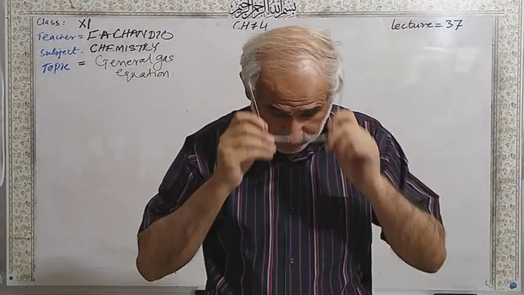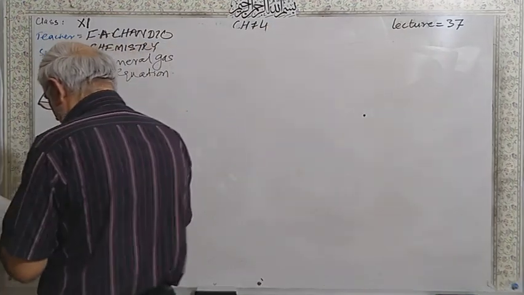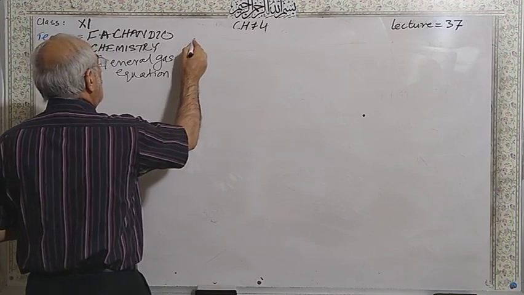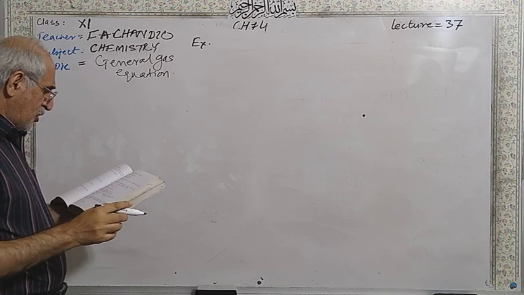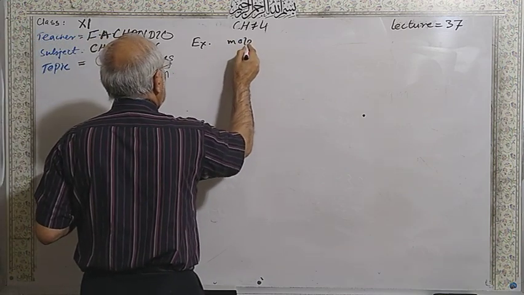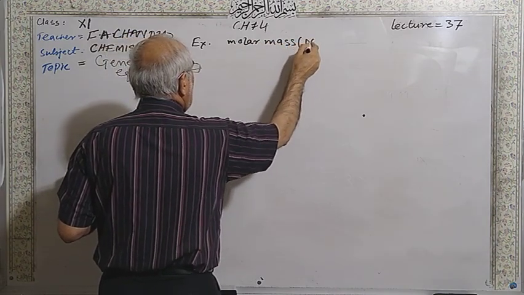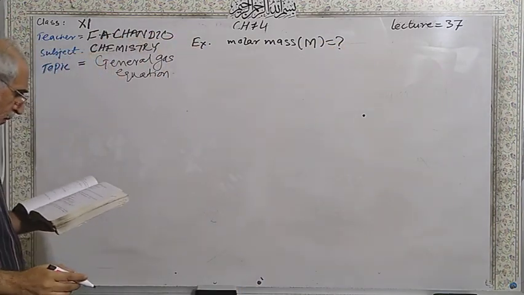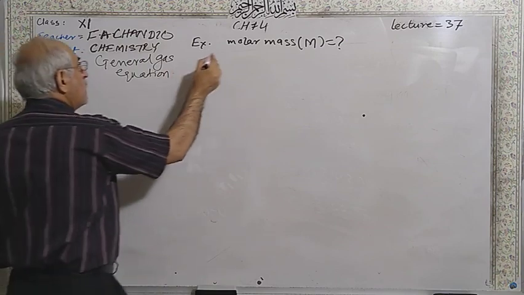Okay. Example 4.11 in my book; the number will be different in your book. Calculate the average molar mass, capital M, of air at sea level.